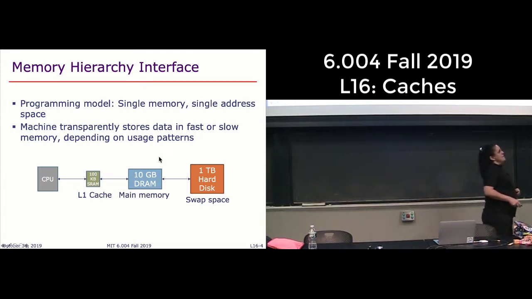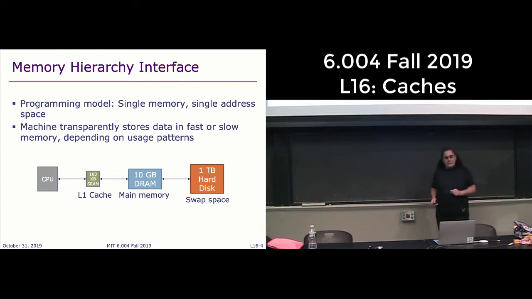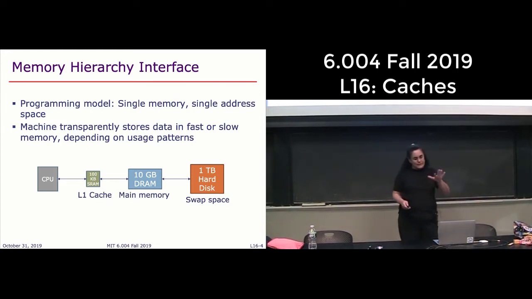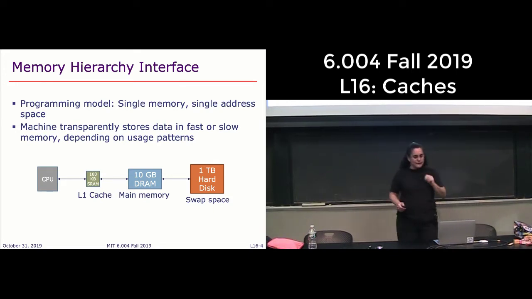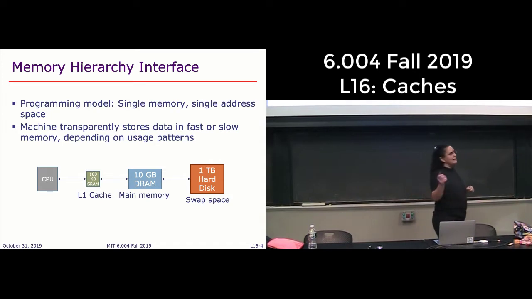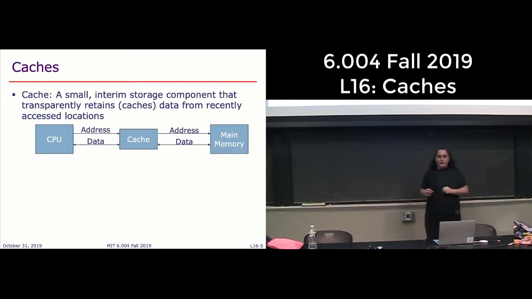Okay? So what we're going to focus on in today's lecture is the left side of this. And as I mentioned on Tuesday, we're going to be getting into talking about how we access the hard disk and memory that's off of the chip in next week's lecture. Okay, so this is the part that we want to focus on now.